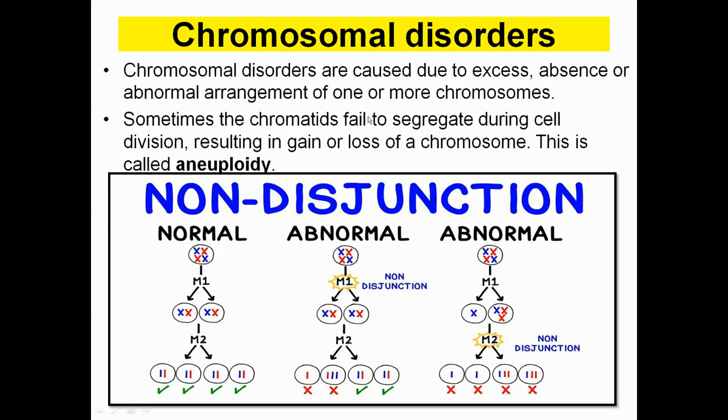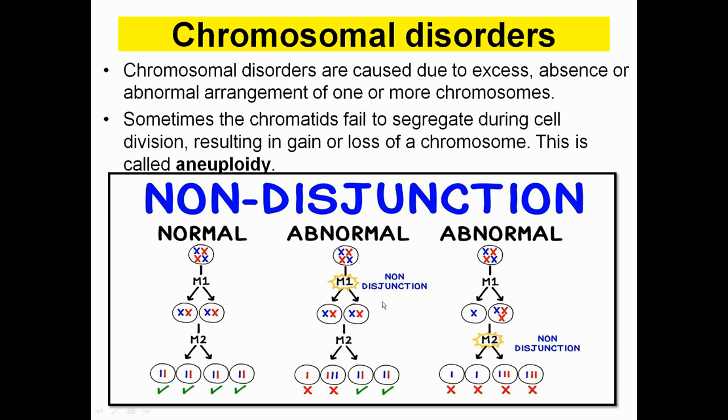Now comes to chromosomal disorders. Chromosomal disorders are caused due to excess, absence, or abnormal arrangement of one or more chromosomes. We have discussed the situation called aneuploidy. Sometimes the chromatids fail to segregate independently, and this is referred to as aneuploidy. In a normal condition, after meiosis we have a single set of chromosomes.